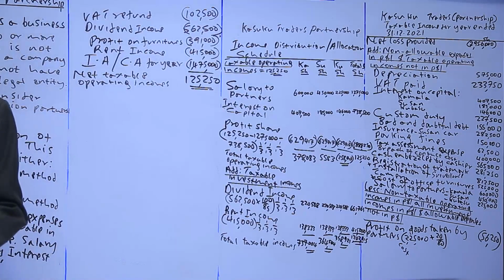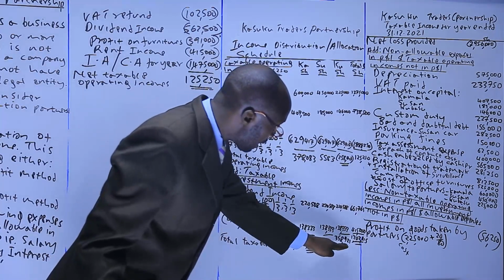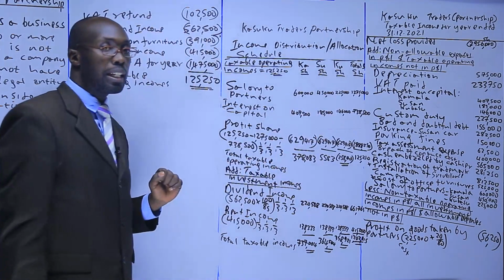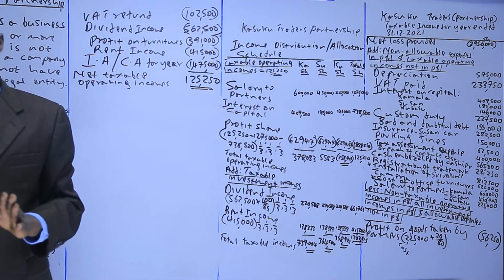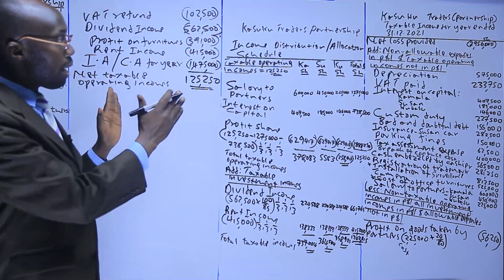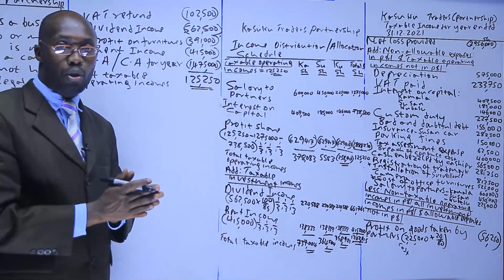And the question ends there. This total cannot be the same as this one, because here we didn't add the negative; we carry it forward to next year. So as per the question, that is where we stop. And that is how we determine the taxable income of the partnership, and we do the distribution.